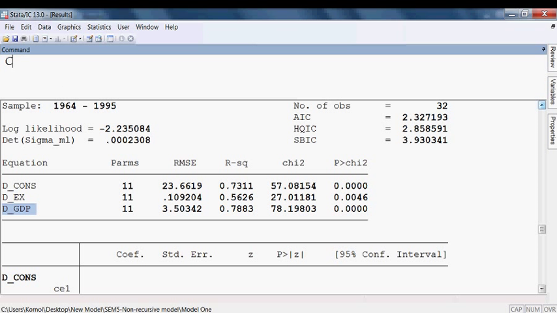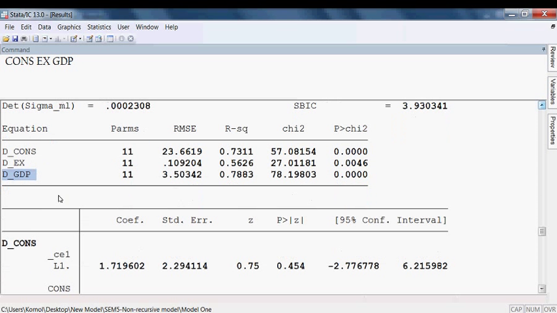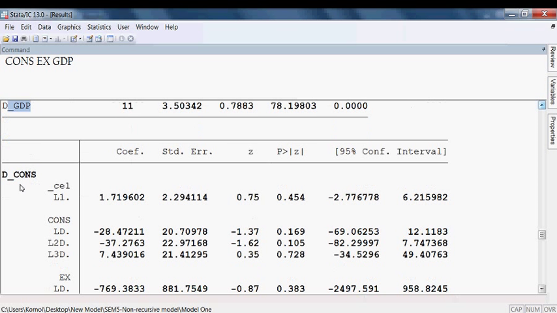Last time we put only cons, EX and GDP, but these 3 variables have automatically been converted into first difference, and that is why it is dcons, DEX, and DGDP, because we have 3 models.